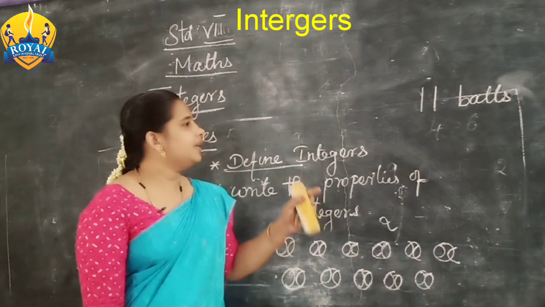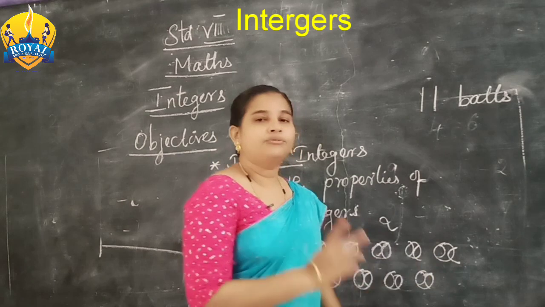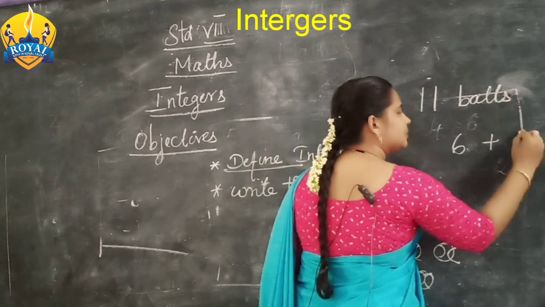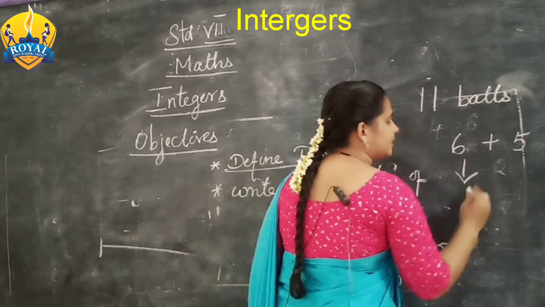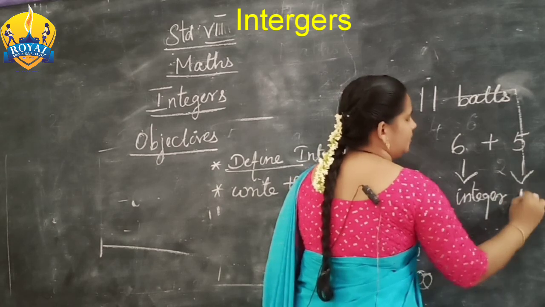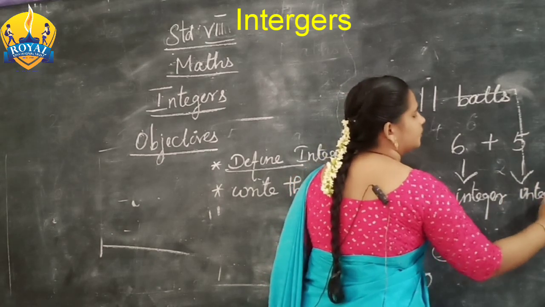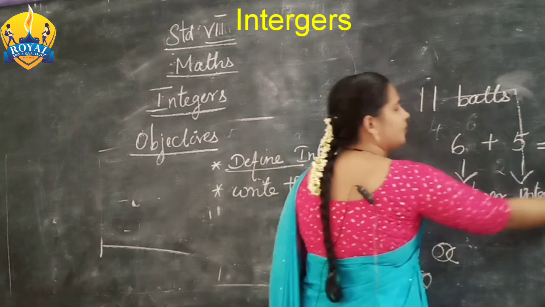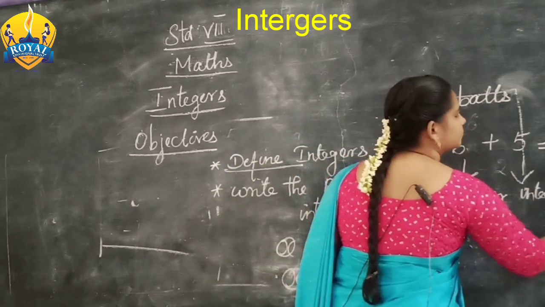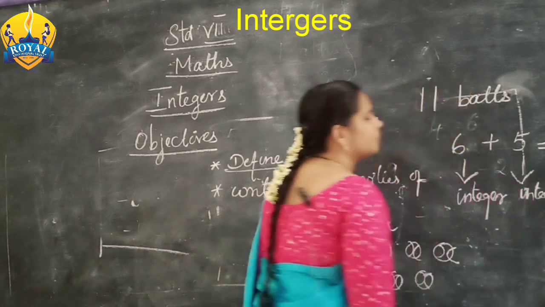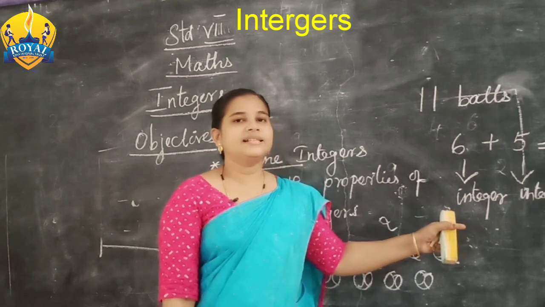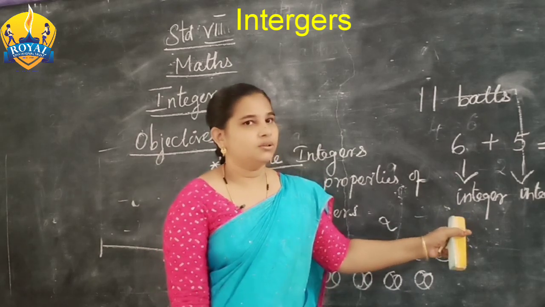Okay, we can see the addition of two integers. 6 plus 5: 6 is an integer, 5 is an integer, which is equal to 11. 11 is also an integer. We can see that the addition of two integers gives an integer.